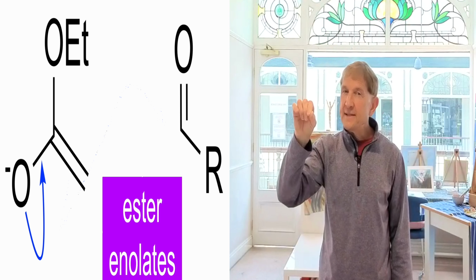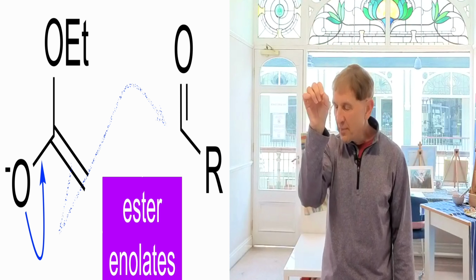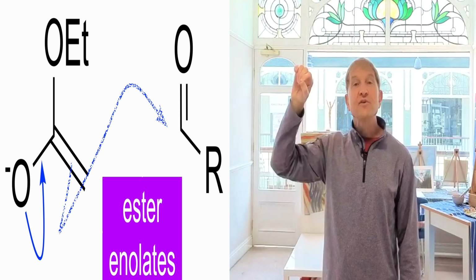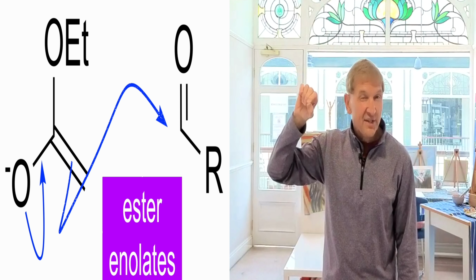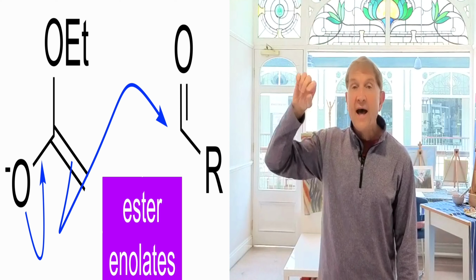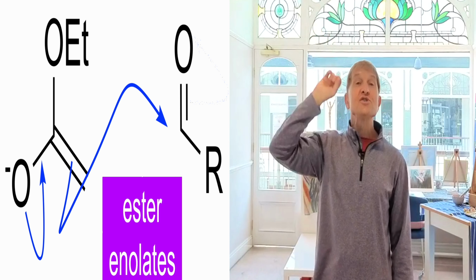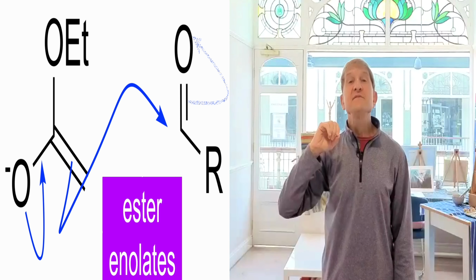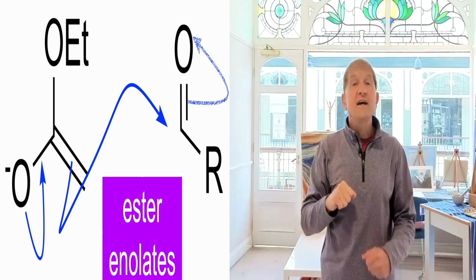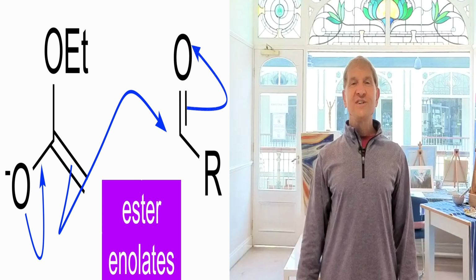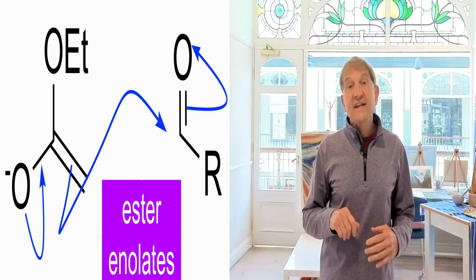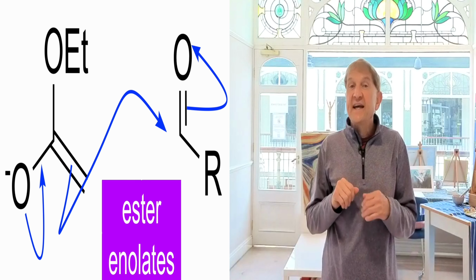Break the CC bond, that costs you, but push the electrons around towards the aldehyde carbon. The aldehyde is acting like an electrophile, and on to the oxygen of the aldehyde gives us an alkoxide via the aldol process.